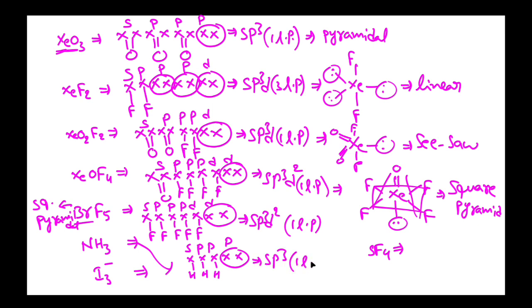This is pyramidal shape. Then I3 minus is also sp3d with 3 lone pairs. That's why I3 minus also has a linear shape.